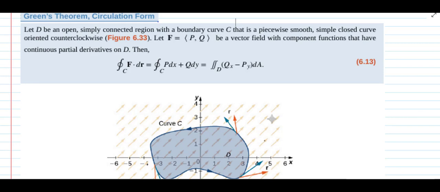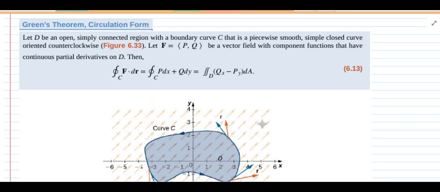Green's theorem says that if we have a region D, which is simply connected with boundary C, which is a piecewise smooth, simple closed curve, always counterclockwise oriented, and we have a vector field F with component functions P and Q, which have continuous partial derivatives on D, then the integral of F dot dr is equal to the integral of P dx plus Q dy.